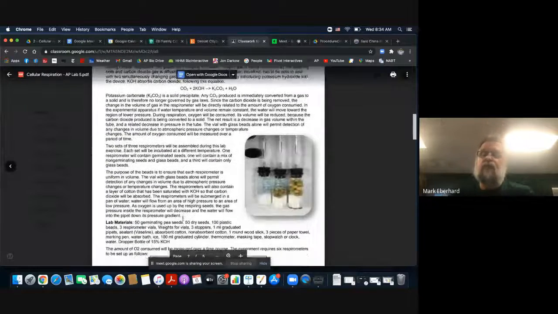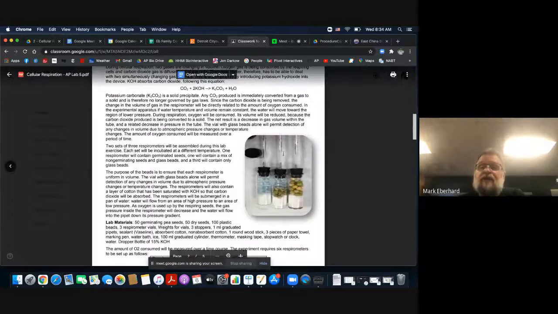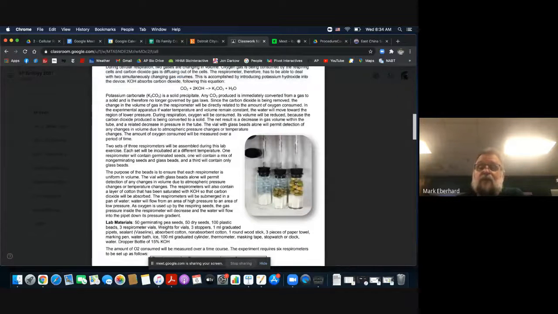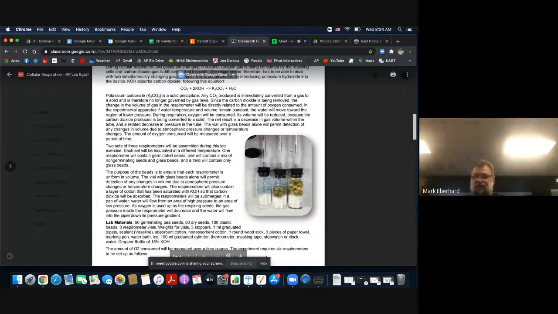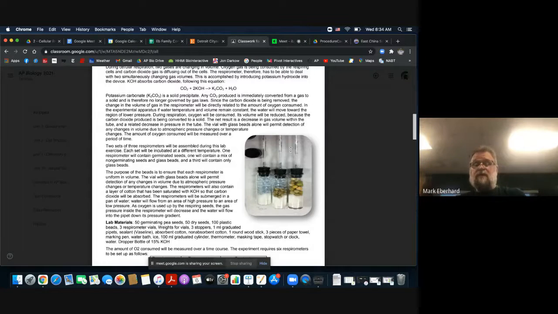Okay, so what we're setting up is what's called a respirometer. This picture right here is an example of the type of respirometers that we set up. A respirometer is a device for measuring respiration. Capiche? And you can get ones now that hook to the computer and are computer run, and they're really nice.